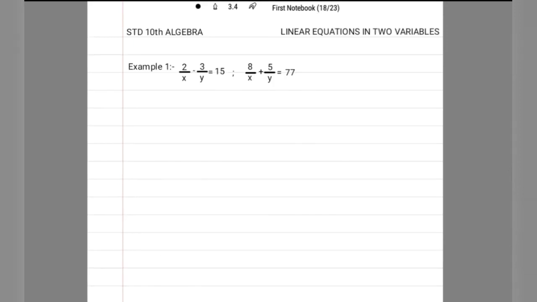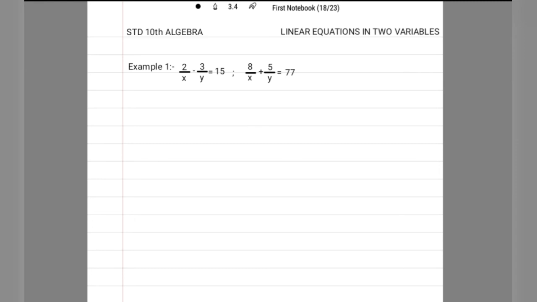For explaining how to convert the non-linear equations into linear equations, I have taken two examples, and this is the first example. This is a simple example in which you will get to know what to do for converting the non-linear equations into linear equations. So let's see by solving this sum.